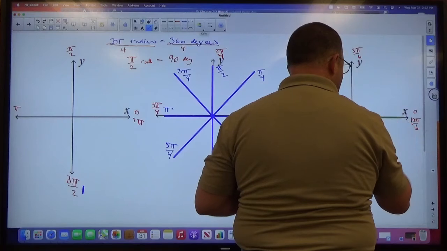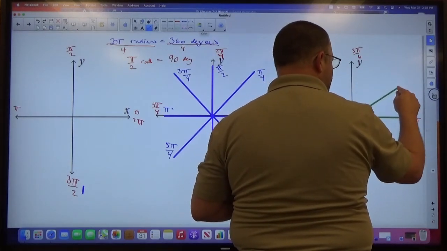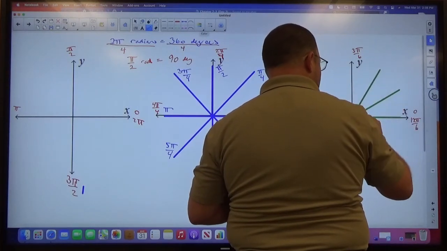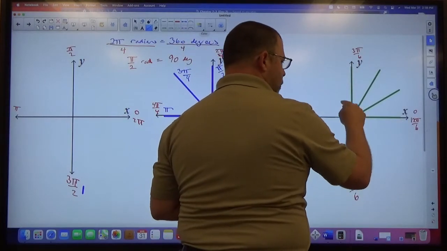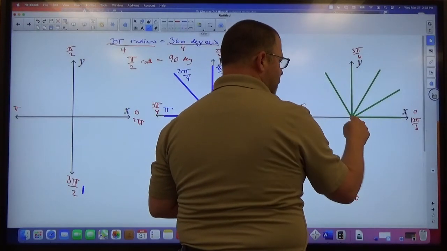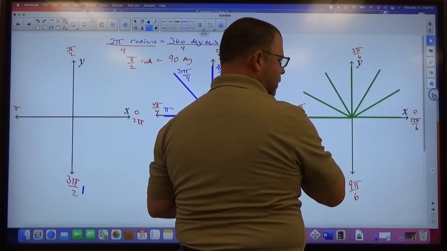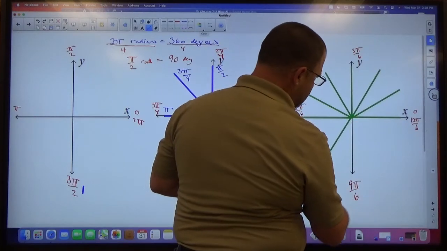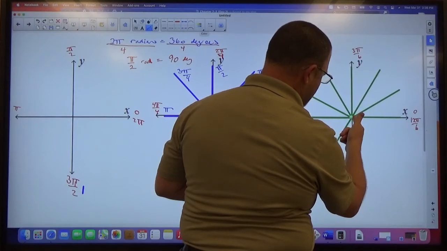0. I want to break this into 3, right? So there's 1, there's 2, there's 3. And I want to break this into 3. So there's 1, there's 2, there's 3. Break this into 3. So I'm just going to extend this further.